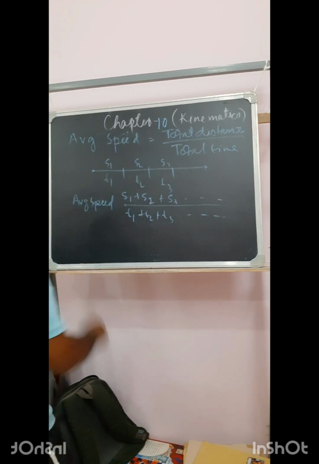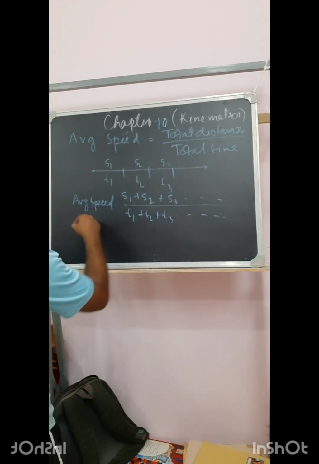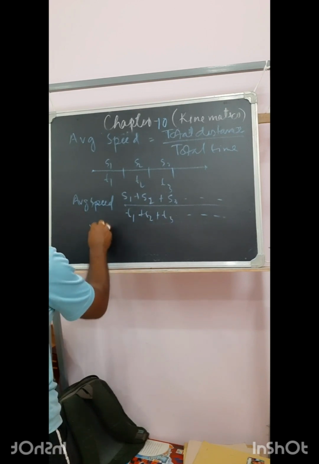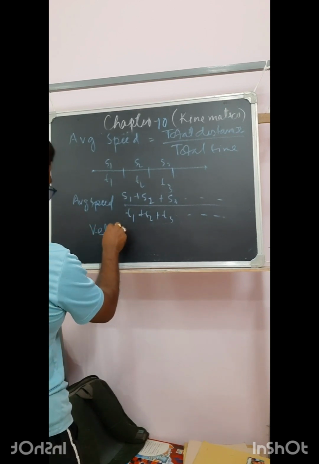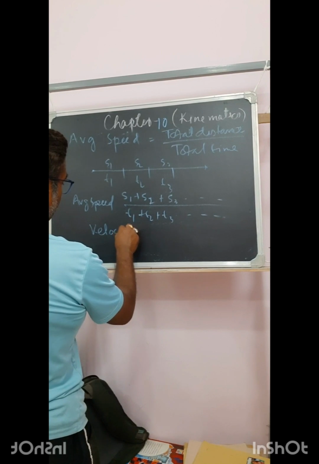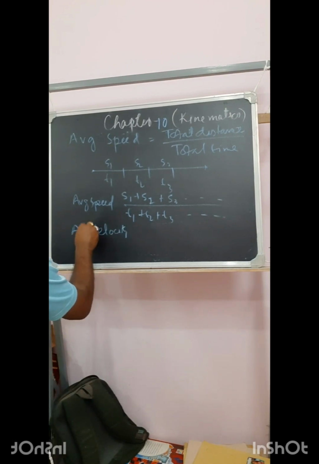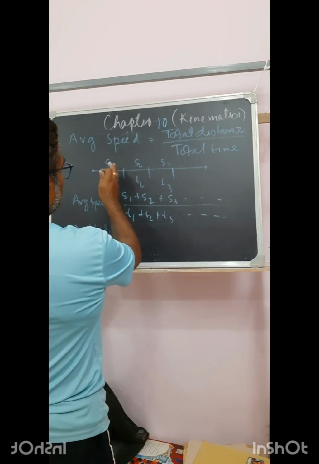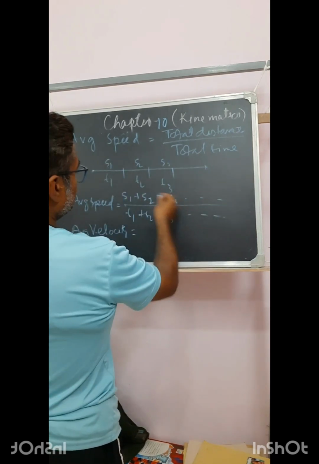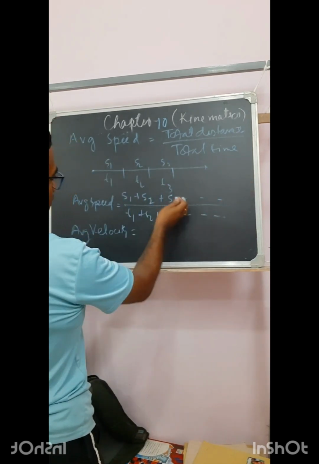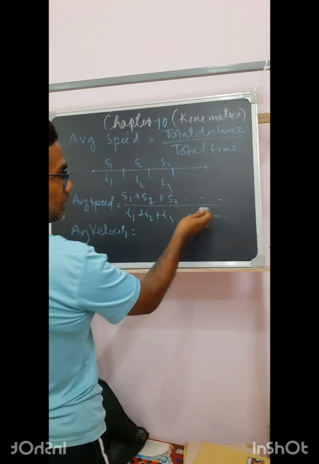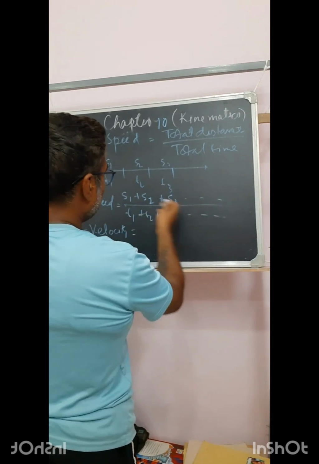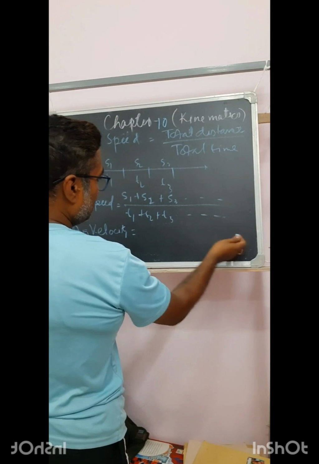Now, if I say the velocity, what is average velocity, then the thing will be a little different. If it is moving in the same direction, then it follows the same equation: all the different displacements divided by the total time.